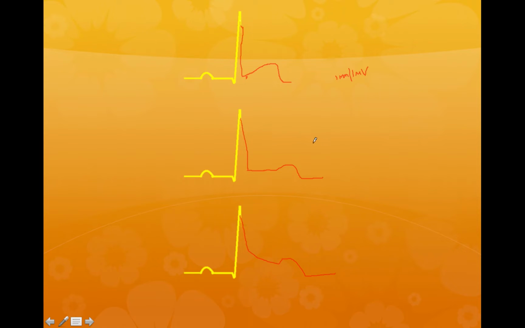So all of these can be associated with an MI. The second two of these three are actually more indicative of an MI. The first one less so. But either way, whenever you see ST elevation, you always want to exclude an MI.